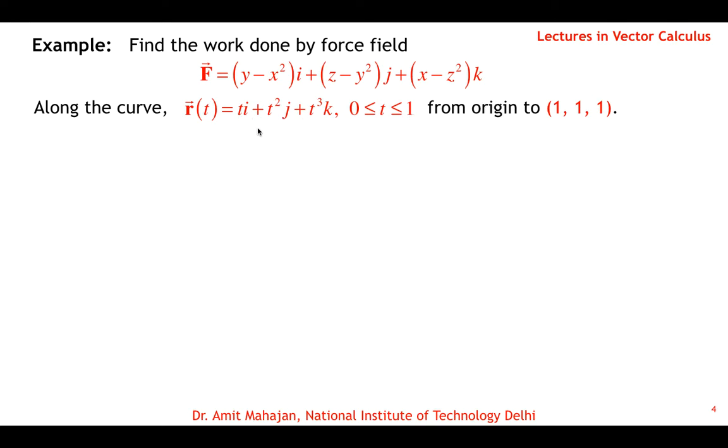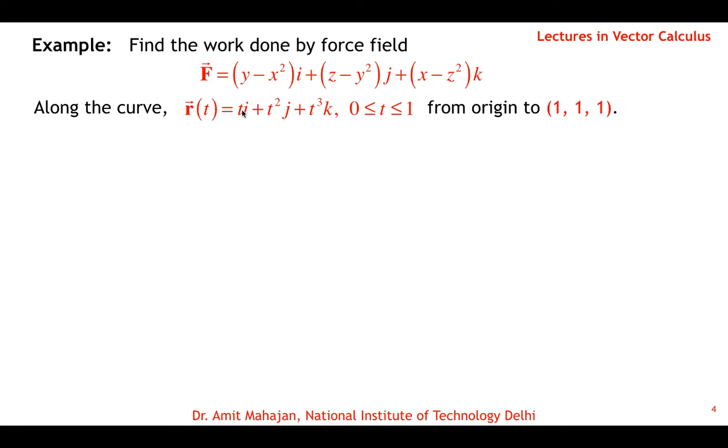And when t is 1, x is 1, y is 1, z is 1, so it becomes the point (1, 1, 1). So this is a position vector for each point on the curve from the origin to (1, 1, 1). If we have to calculate the work done by this field along this curve, then that means we just need to solve the line integral.